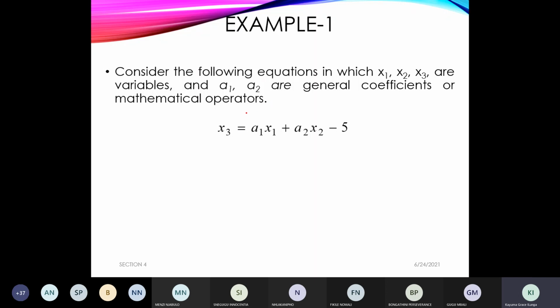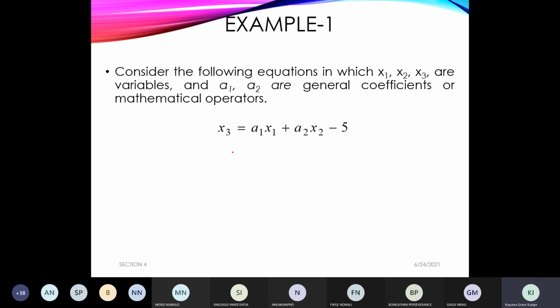The a1 and a2 are mathematical operators, which just means they are going to be part of our system. As I told you, in the block diagram we can have some mathematical model inside, or any transfer function.